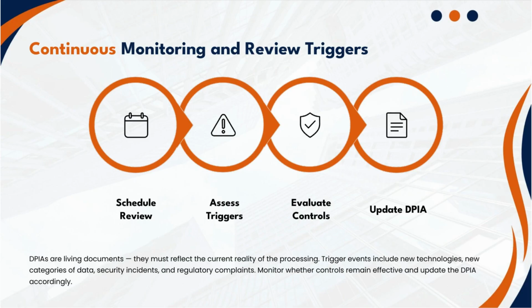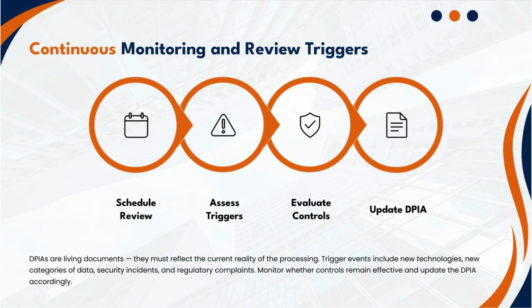These include a significant change to the processing, a new technology being introduced, a data breach or near miss, a change in the law, or simply a scheduled periodic review, say annually. When any trigger fires, you dust off the DPIA and reassess. Let me give you a concrete example. A company had a solid DPIA, but then a new privacy law came into force.